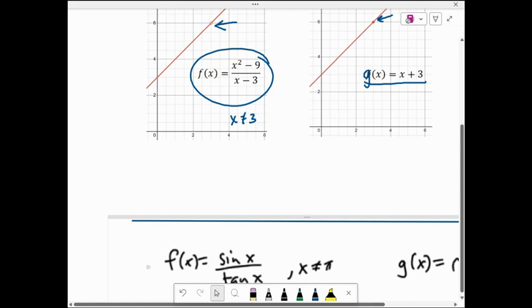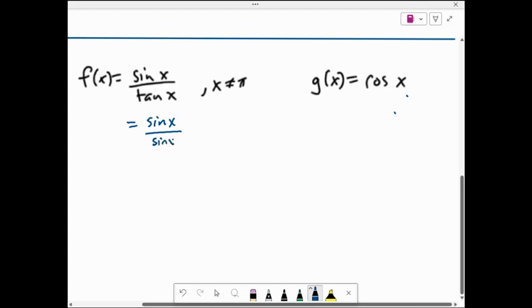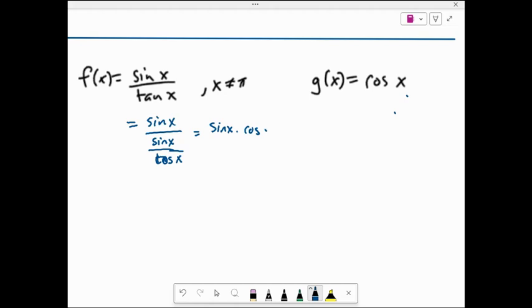Similarly, if we look at these two functions, f of x equals sine of x over tangent of x, where x can't equal pi, and g of x, which is cosine of x. f of x is really sine of x over sine of x over cosine of x, which is really sine of x times cosine of x over sine of x, which is really cosine of x.